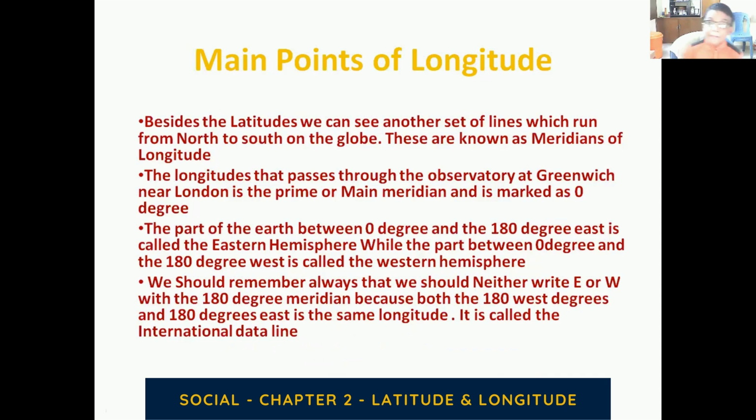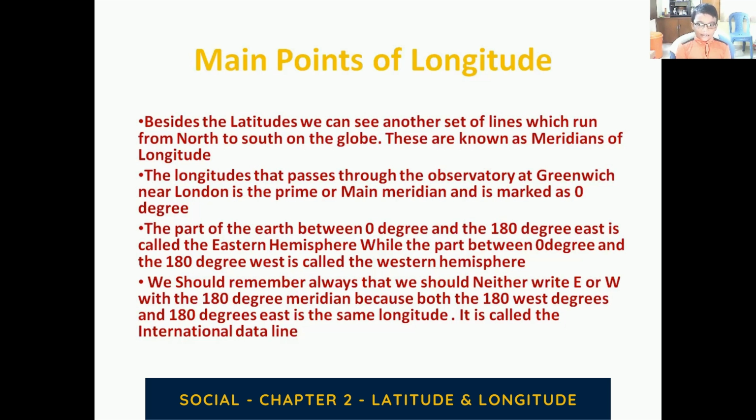Next, main points of longitude. 1. Besides these latitudes, we can see another set of lines that run from north to south on the globe. These are known as the meridians of longitude. The longitude that passes through the observatory at Greenwich near London is the prime meridian and is marked as 0 degree.